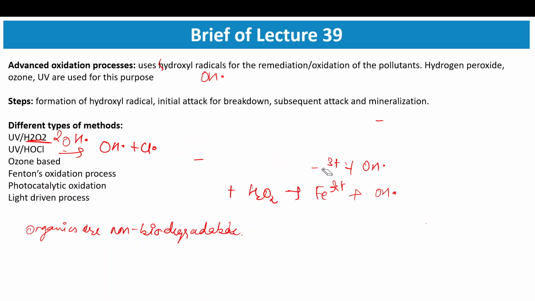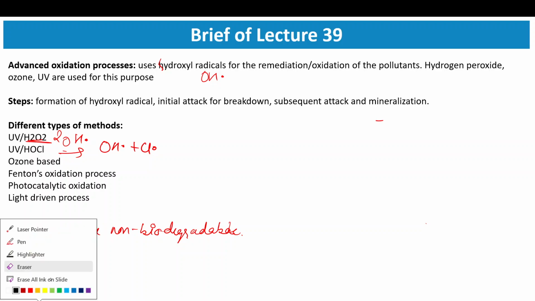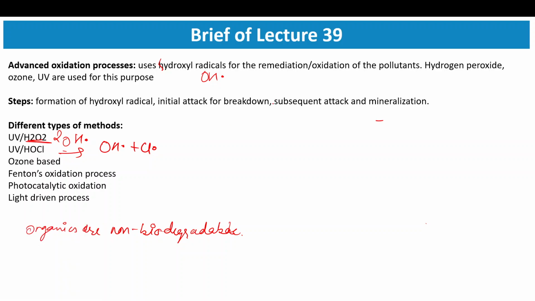So, next is the photocatalytic oxidation, where you will be using catalysts which are photoactive. So, let's say any semiconductor, okay? It has this valence band and this is the conduction band.